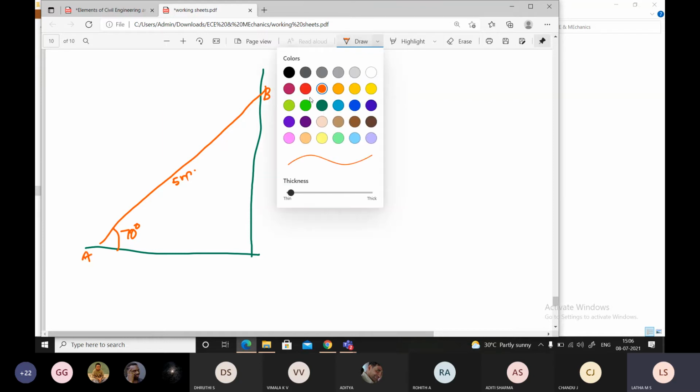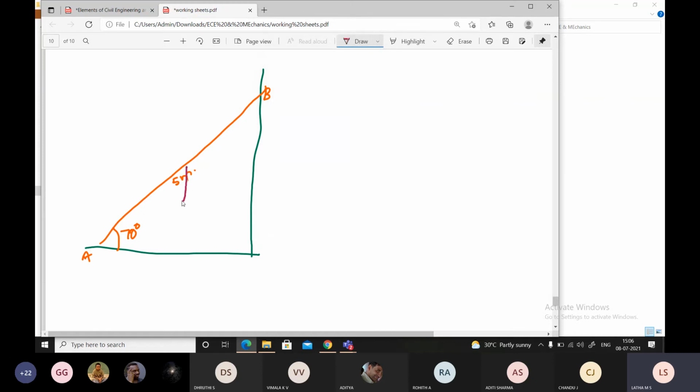At the center point, you find the total weight acting, 900 Newton. I'll mark it as C. The length of the ladder is 5 meters, so AC is 2.5 meter and this is 2.5 meters.